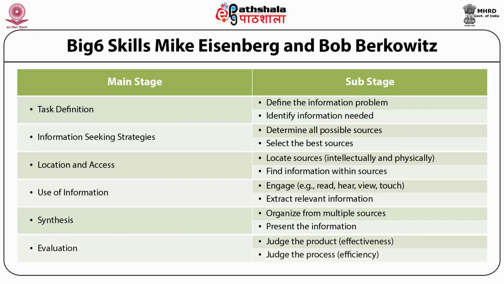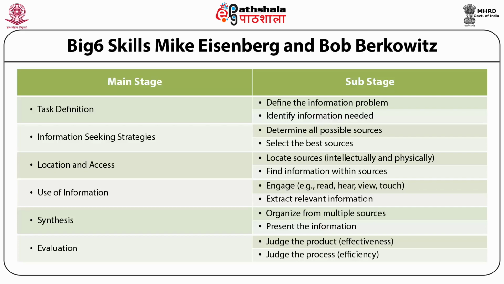The Big Six is a problem solving model. It was developed from observation and study and established a six stage formula for solving ICT related information problems, and every stage has two sub stages. Like task definition has define the information problem and identify information needed and decide its boundaries.